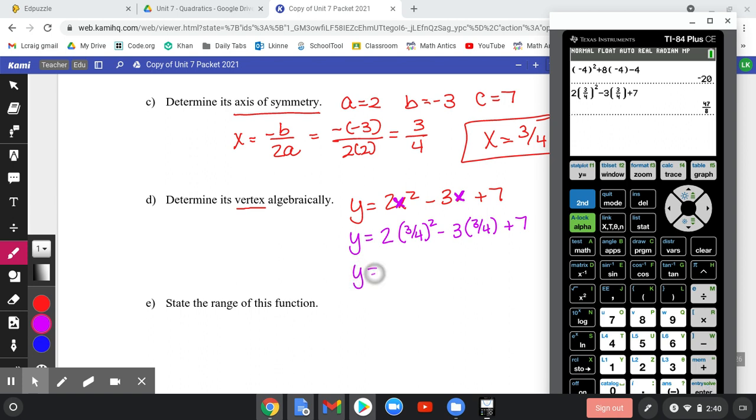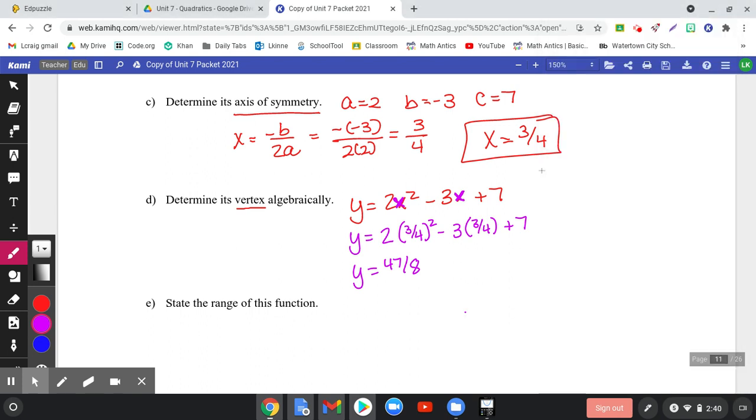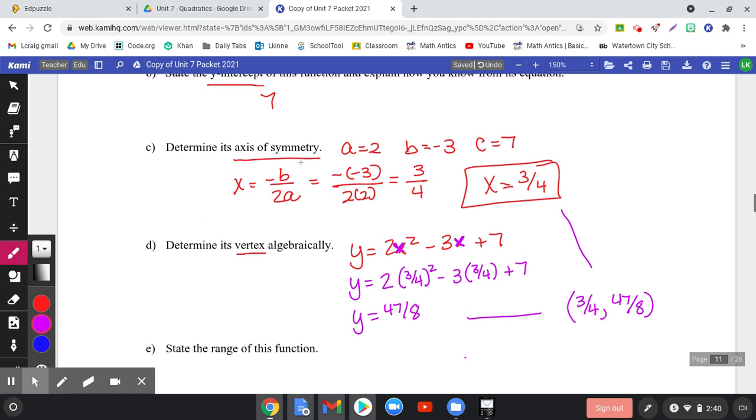Yeah, we wouldn't see that. So that's the y value in your turning point. Here's the x value, here's the y value. Put them all together. Your vertex is the point 3/4, 47/8.